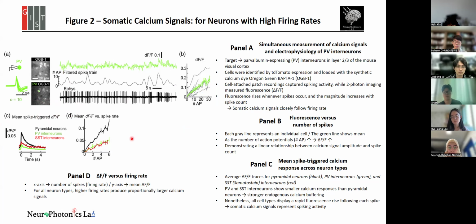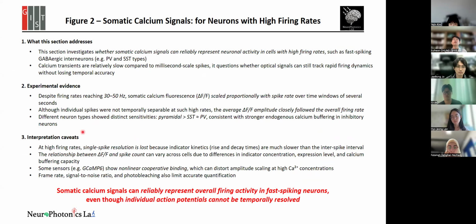Yeah, thank you, Sunju. And this section investigates whether somatic calcium signals can reliably represent neuronal activity in cells with high firing rates, such as fast spiking GABAergic interneurons.